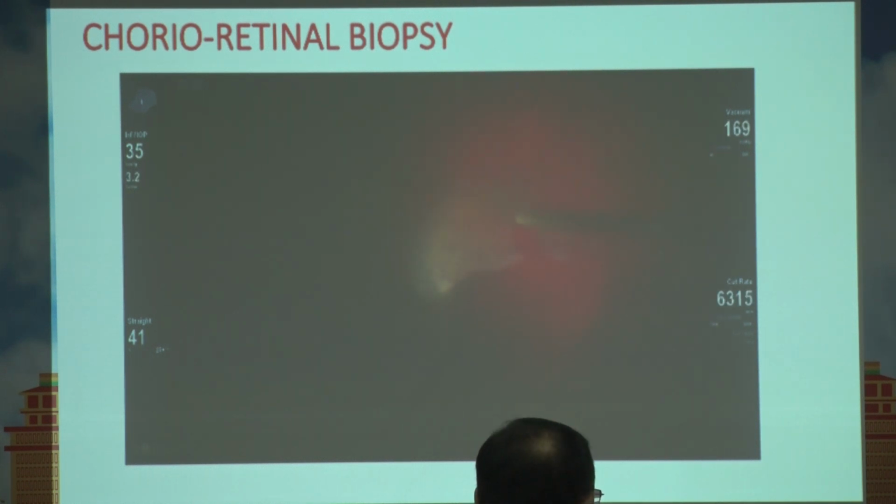So after cutting that thickened hyaloid and trying to get some semblance of view of the retina, which you'll soon see that I was able to get, then you try and locate a junction which is extramacular, but involves a part of the active retinitis.